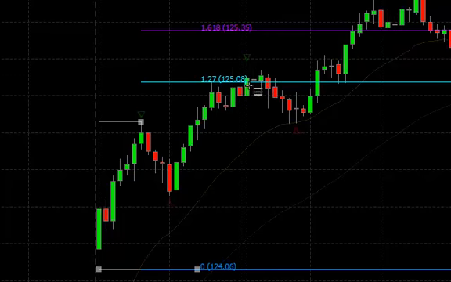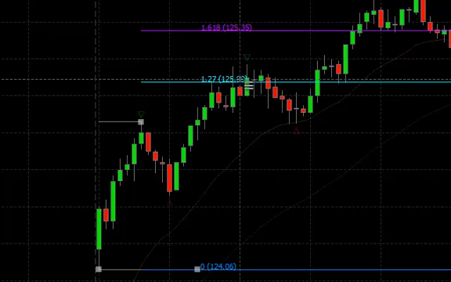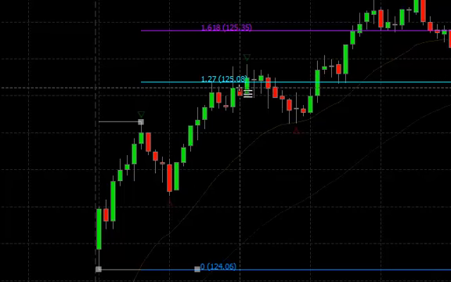So that would have been a good spot to sell, knowing your target level was at the 125.08, and the fact that the candles were showing you that at least you're going to pause there.